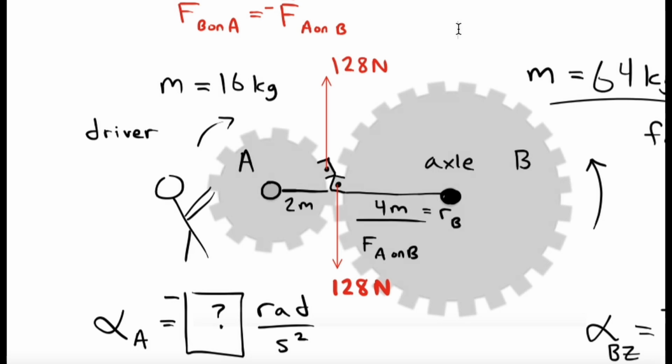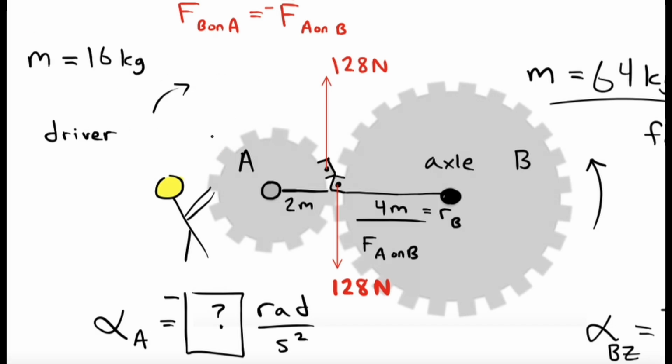Okay, so that means that that's not the only force that's acting on gear A. There's also this guy. The person is applying a force upward on that other tooth, which could equally make the thing want to angularly accelerate.